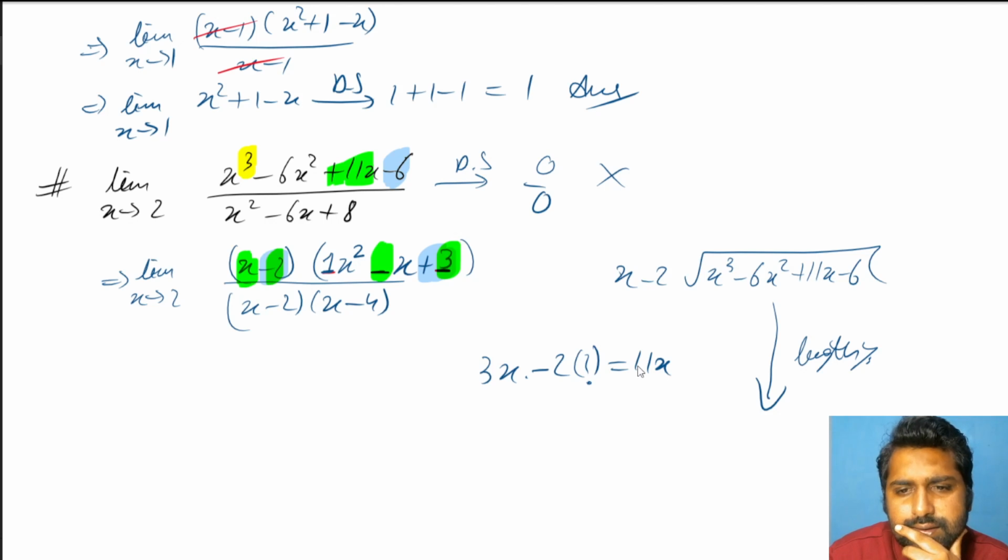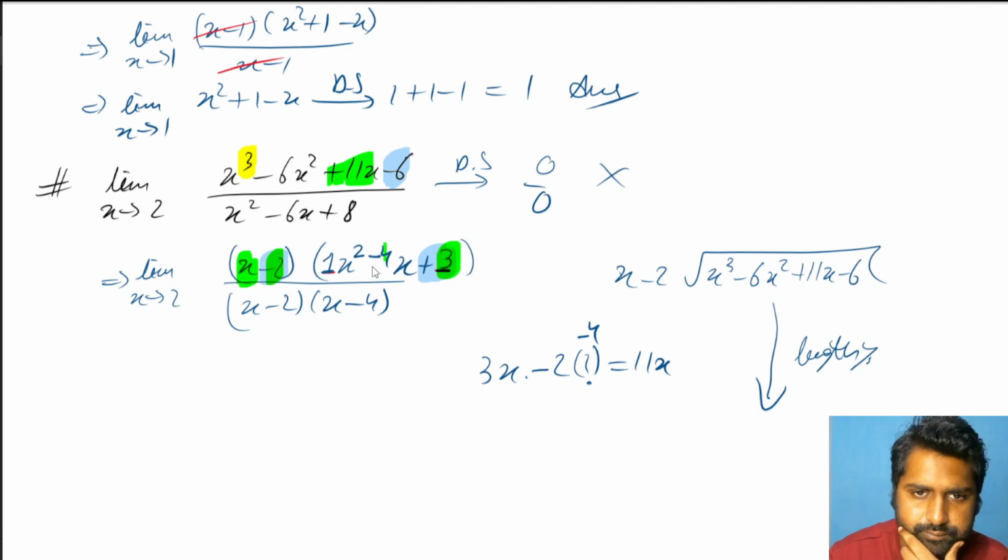We have 3x and it is 11x, so it has to be -4. You can recheck also: -4 into -2 is +8, and 3 into x is 3x, so 11x you'll get.